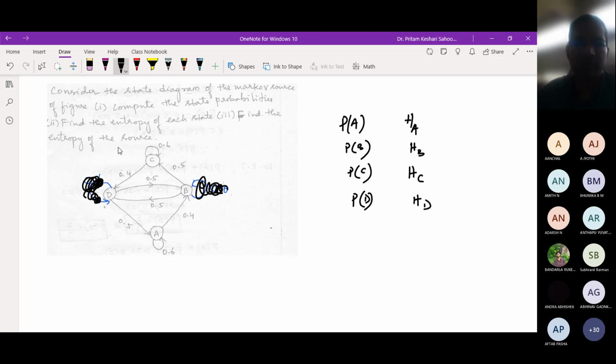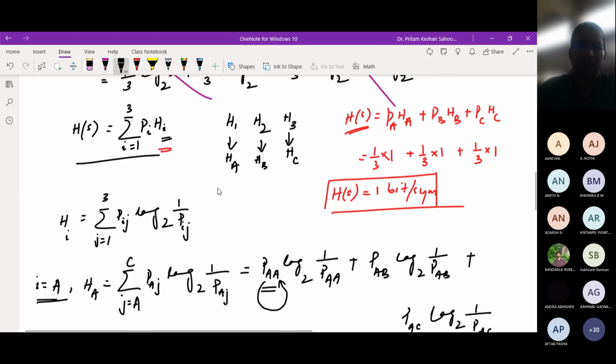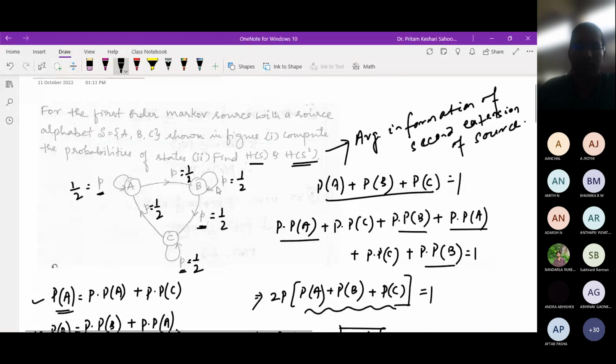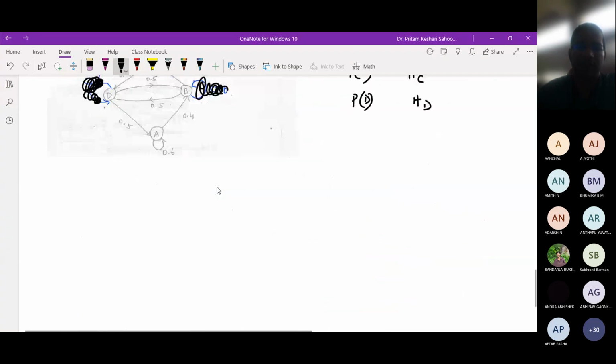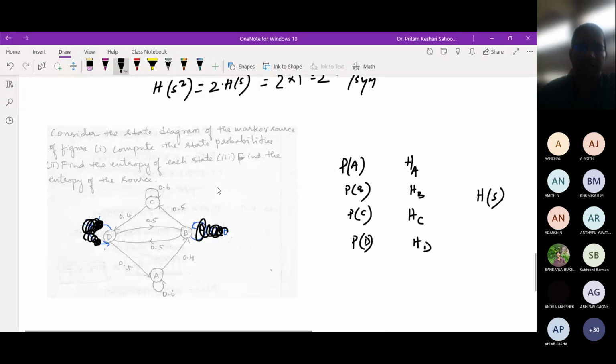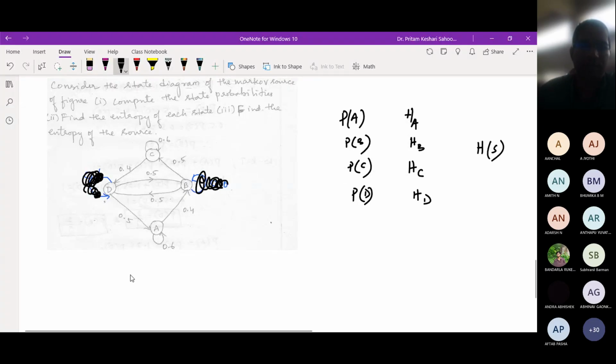Then find the entropy of the source, and from that, we have to find H of S. All right. So the approach is the same. If you understood this particular example, then there is no difference in that. You can apply the same concept, your same understanding here also. But you have to write the equation first.